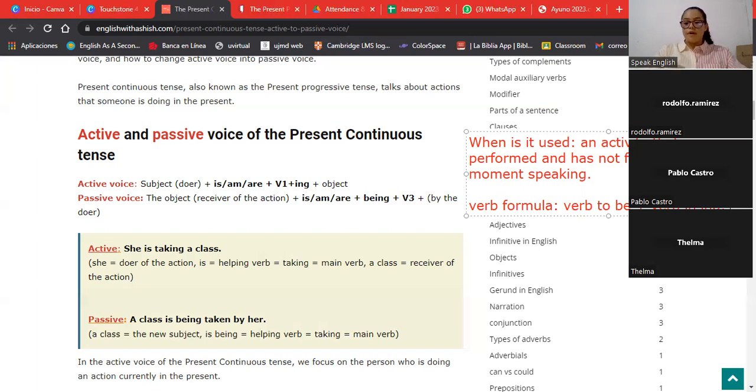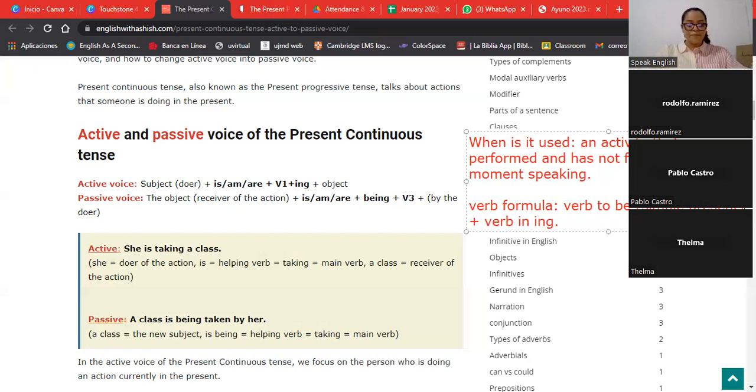When we see the verb to be in the simple present plus the verb in ing, we have to immediately identify that we are talking about the present continuous.